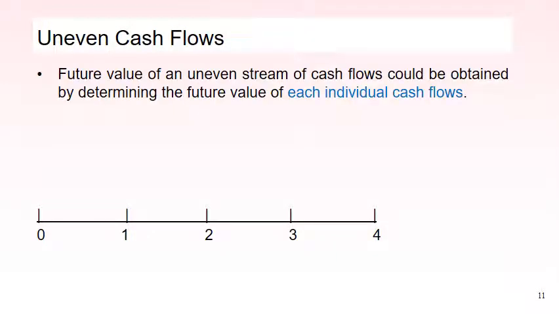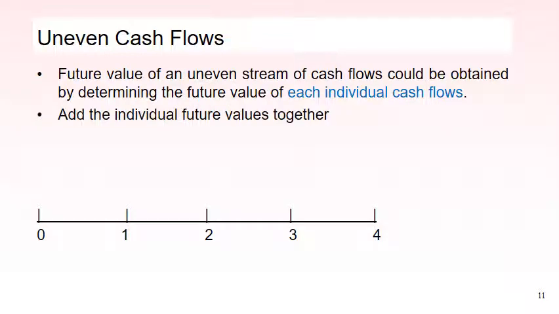Uneven cash flows. Future value of an uneven stream of cash flows could be obtained by determining the future value of each individual cash flow. So basically, you determine each one of them. For example, for CF1, you find the future value for CF1.